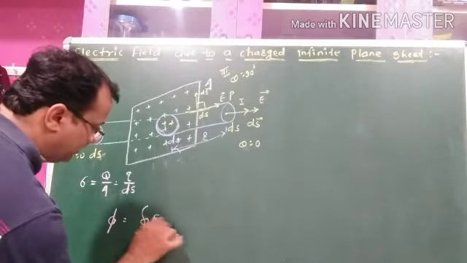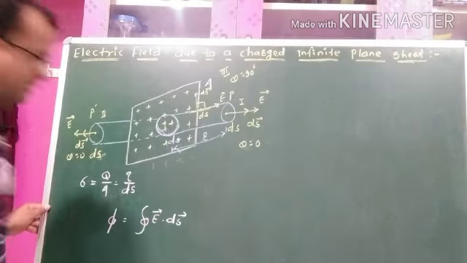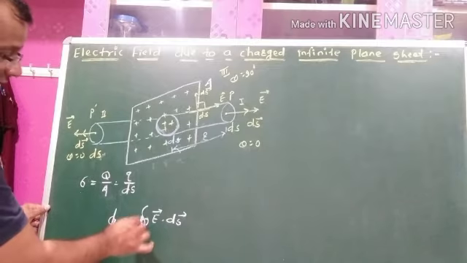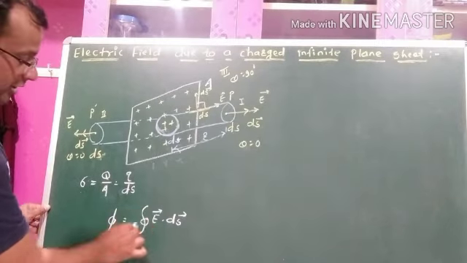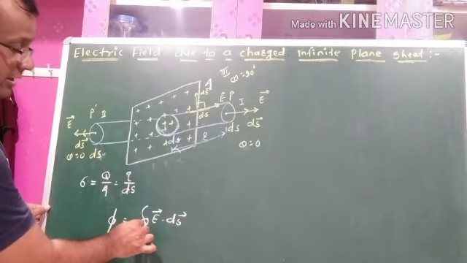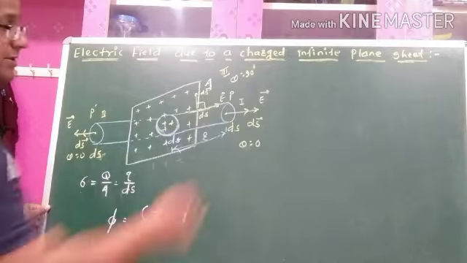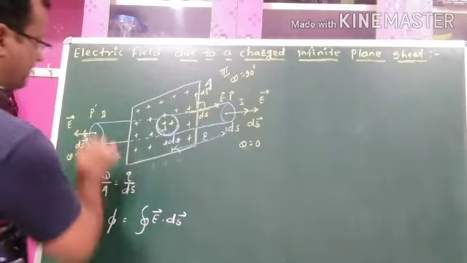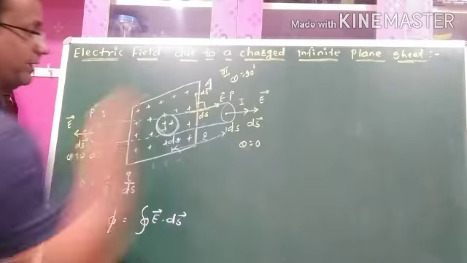What you get there is vector E dot vector ds. Here this will be the symbol of integration, and this will be the integration over the closed surface. Here this closed surface consists of three different surfaces. This will be the first surface, this will be the second surface, and the third one is the curved surface.